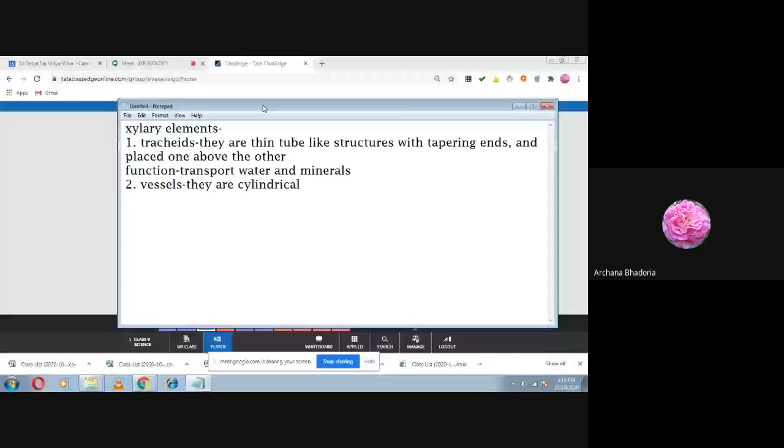So they are cylindrical, placed one above the other. So they will also form a continuous tube-like structure. When the cylindrical cells are placed one above the other, they will form a continuous tube-like structure.